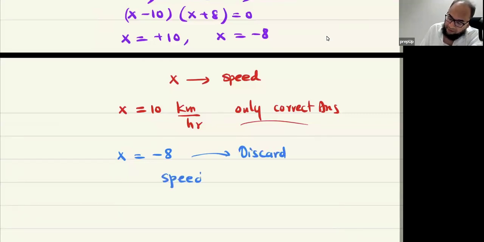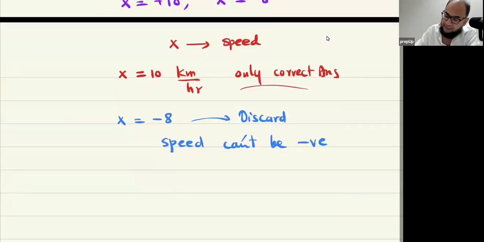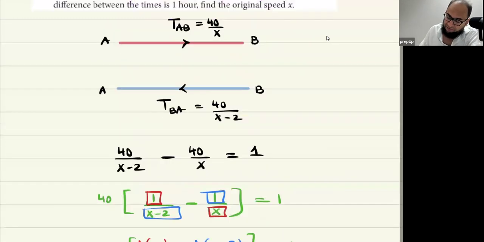Speed cannot be negative. We are not studying physics, we are not studying velocity, so we cannot say that velocity can be positive or negative. We are talking about speed, we are talking about O-level maths, it cannot be negative. So the final answer is 10 kilometer per hour. That is the value of x, and that is what they have asked.